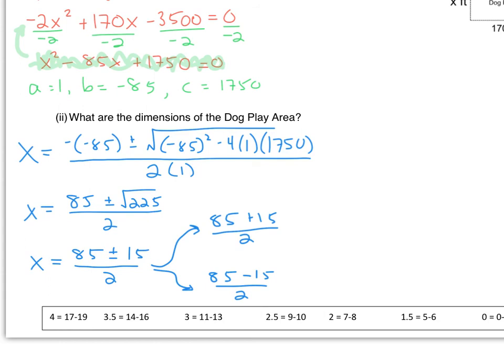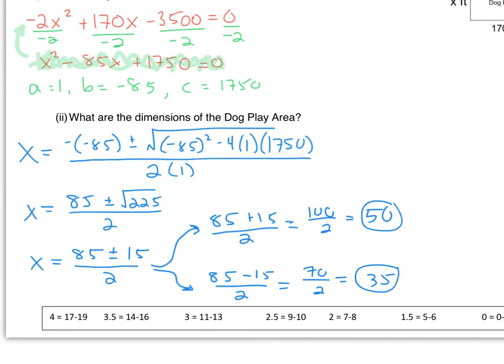So 85 plus 15 works out to be 100 divided by 2, and 85 minus 15 works out to be 70 divided by 2. And 100 divided by 2, that's 50, right? It's a nice positive answer. And 70 divided by 2 is 35. Another nice positive answer.